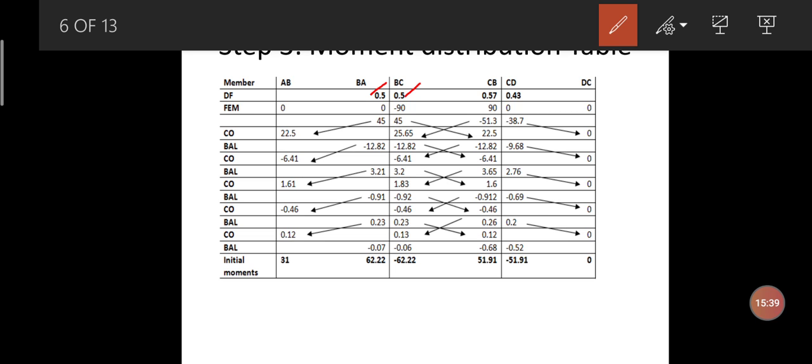So next procedure is I need to distribute these moments. If I consider joint B, it is the summation of moments at BA and BC, so 0 plus minus 90, which comes to minus 90 itself.